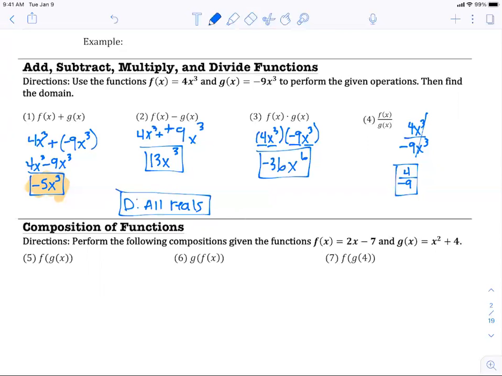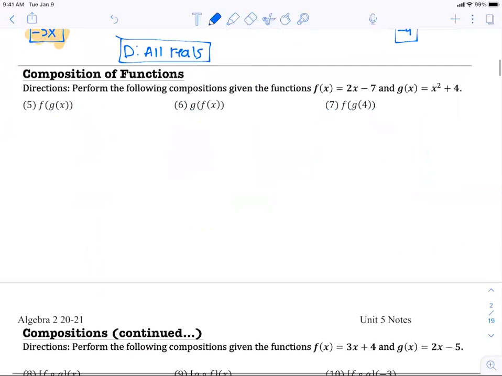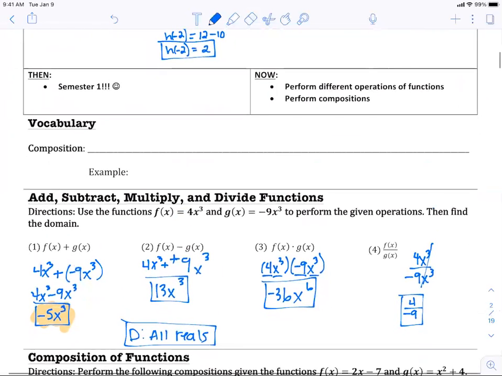Okay. Now let's get into the fun part for today, which is compositions of functions. I'm going to go back up to the vocabulary section for just a moment.